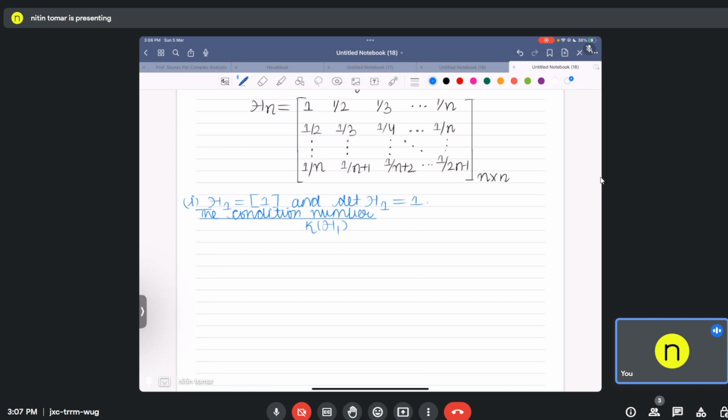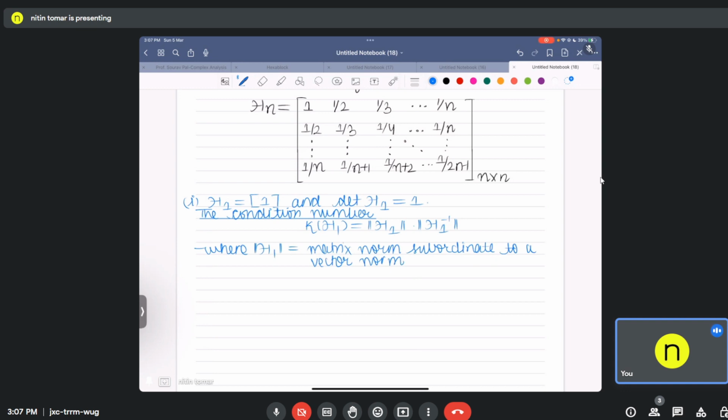So this is denoted by kappa of H1, and it is norm of H1 times norm of H1 inverse, where the norm is a matrix norm subordinate to a vector norm. You know this, right? Yes, sir. So if you fix a vector norm, then you can get a matrix norm.